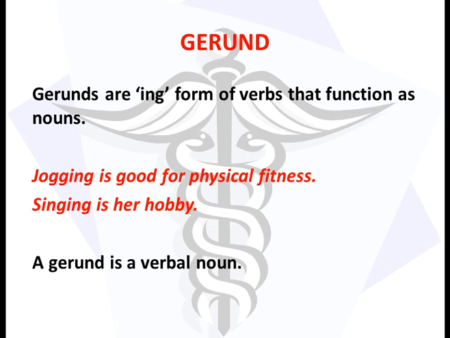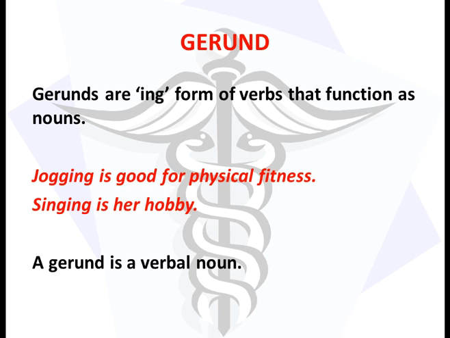The second sentence, singing is her hobby. The word singing is formed from the verb sing. Therefore, singing is a verb. But singing is also the subject of the verb is. Therefore, it is doing the work of a noun. You ask the question, what is her hobby? The answer is singing.